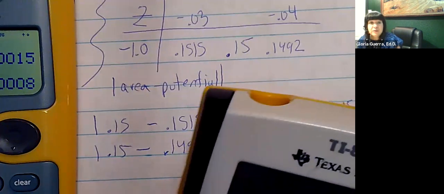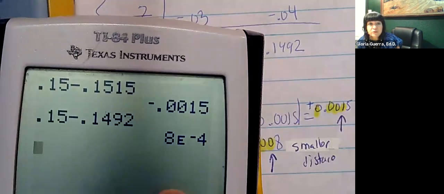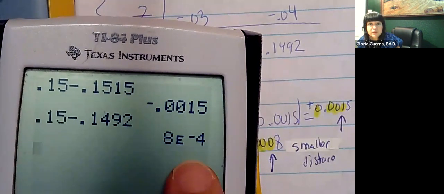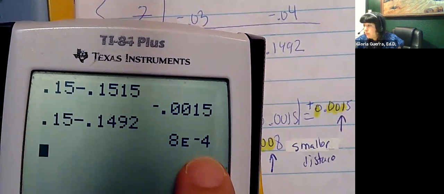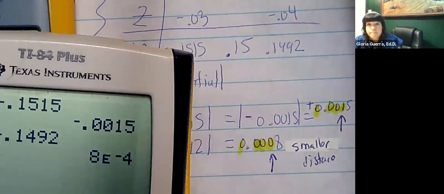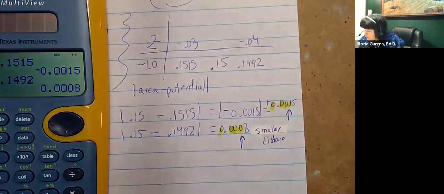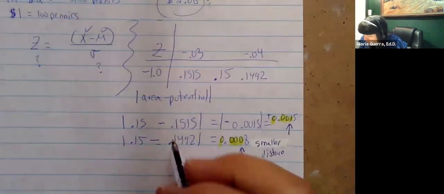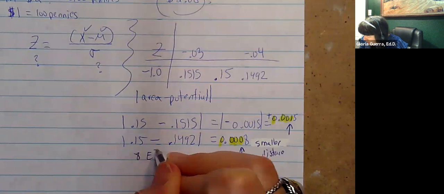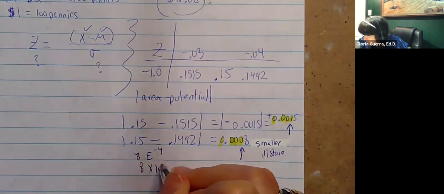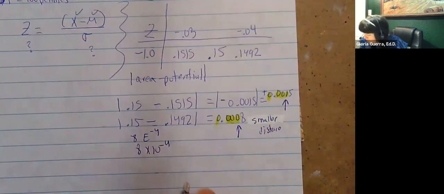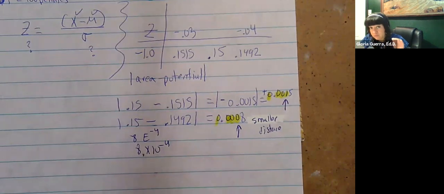See how that one gave you scientific notation? 8e to negative 4, which means 8 times 10 to negative 4, which means move the decimal to the left 4 times.